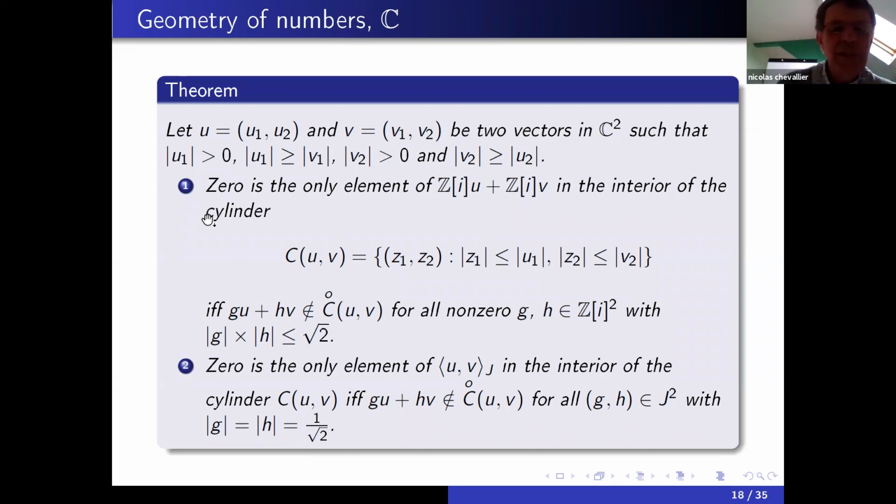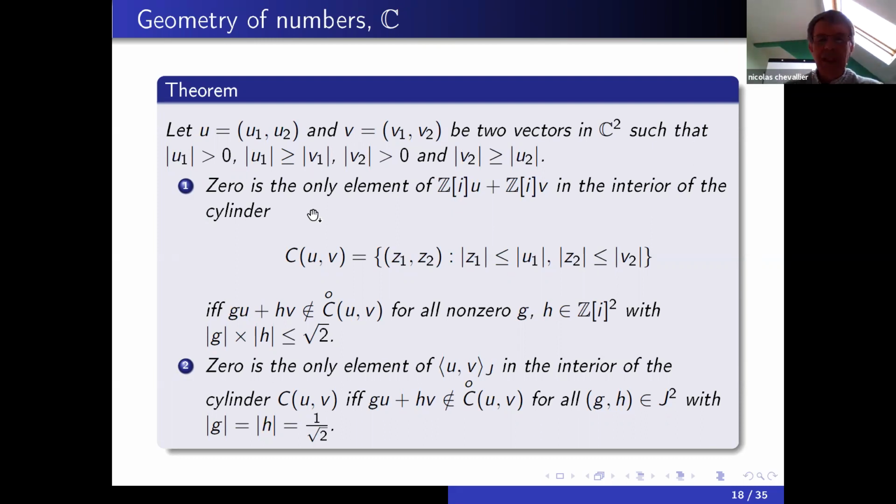And we also know that in any case there are some conditions on the coordinates. That is, the second coordinate of V is larger than the second coordinate of U, even strict inequality. And the first coordinate of U is larger than the first coordinate of V. We know that must be true.